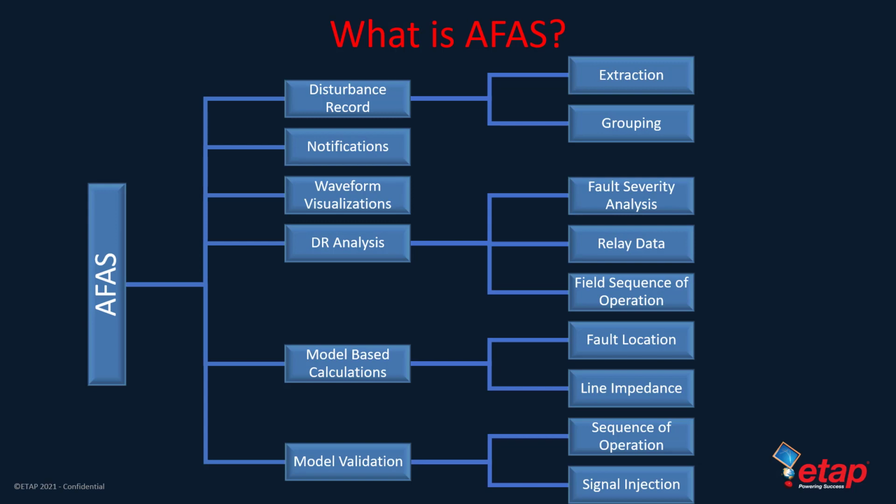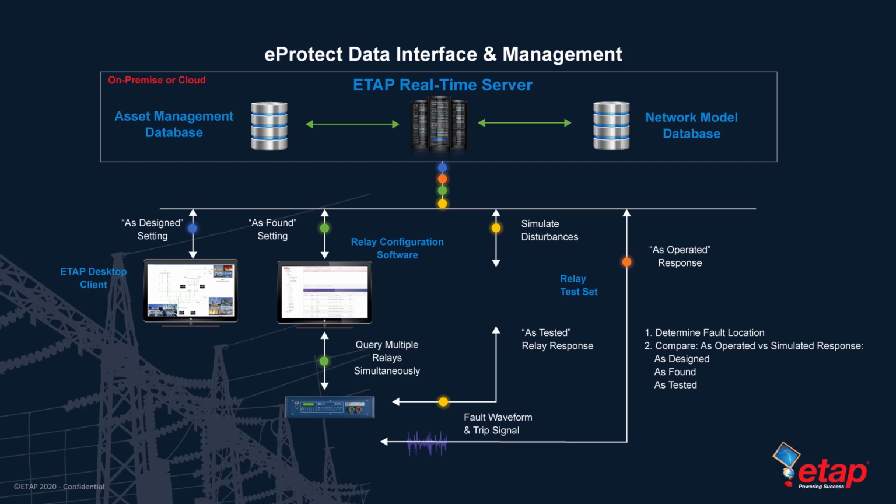We can look at what actually should have tripped versus what did trip in the field. And then we can also run a signal injection, where we can play back the fault location and look at the waveform file that would be generated and see how that matches up with the actual waveform file that was produced.